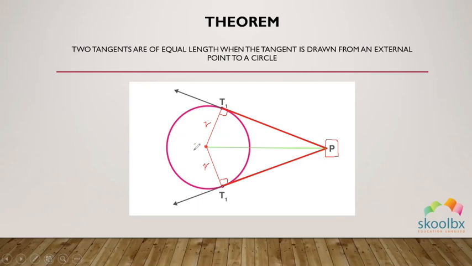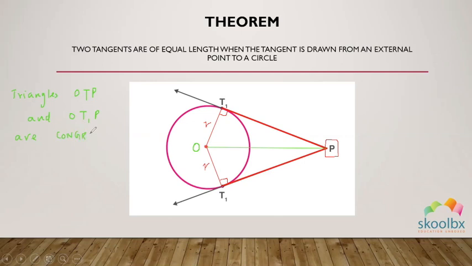Let's say this point is O. And the triangles OTP and OT1P are congruent.